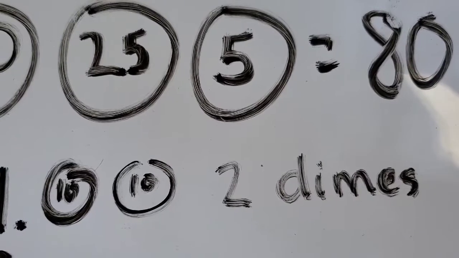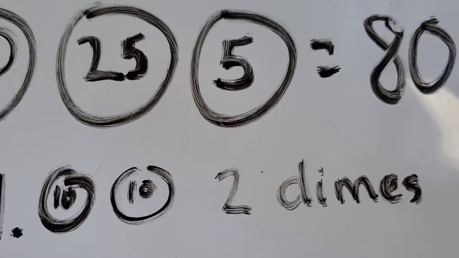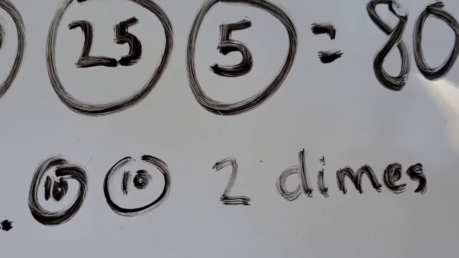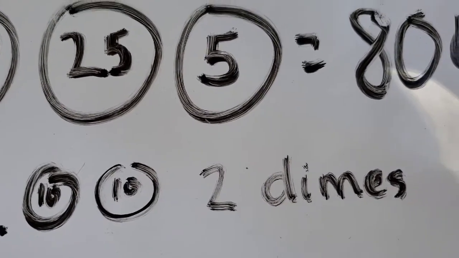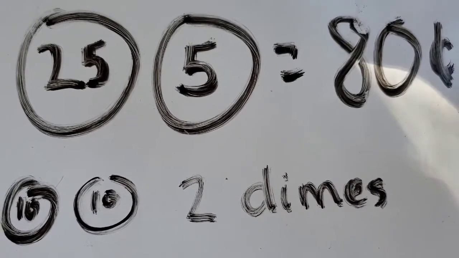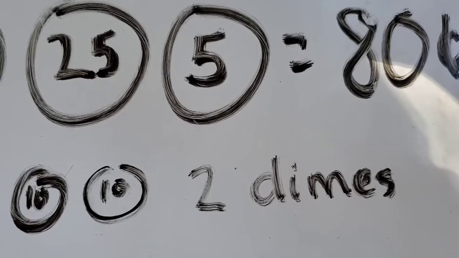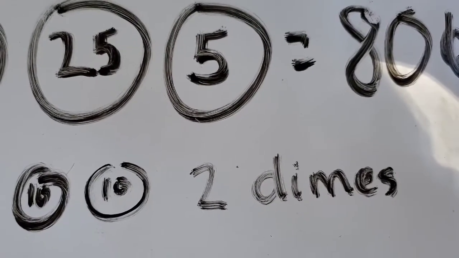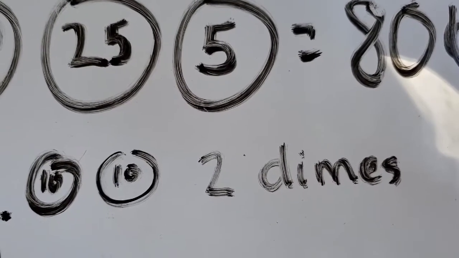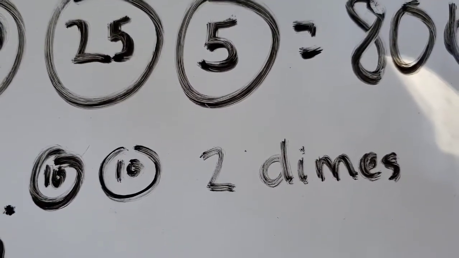Is there another answer? Yes. What's the next smallest coin below dimes? The nickel. We could use nickels to go from 80 cents to $1. So count by 5s and see how many nickels we need. Ready? 80. Start counting. 85, 90, 95, $1.